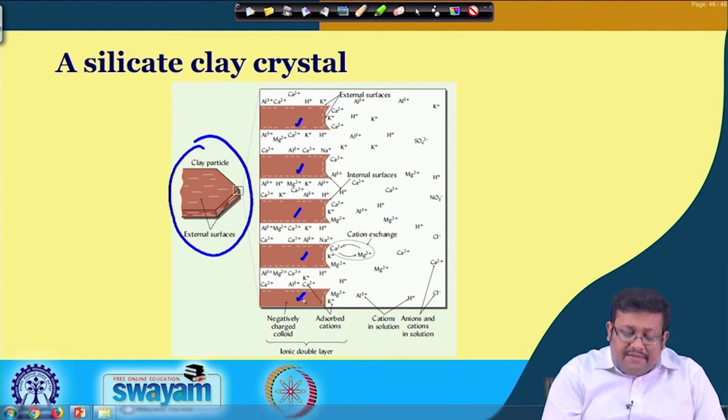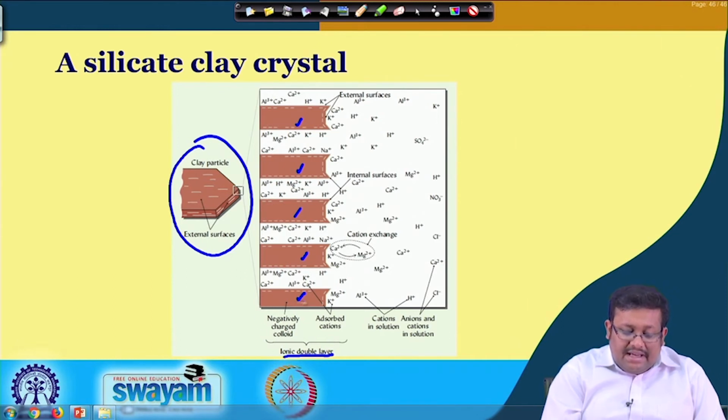Because these individual unit cells develop a high amount of negative charge at their surface. We will discuss how later on, and as a result of the development of negative charge at their surface, different types of cations are adsorbed at their surface, and as a result they form an ionic double layer.